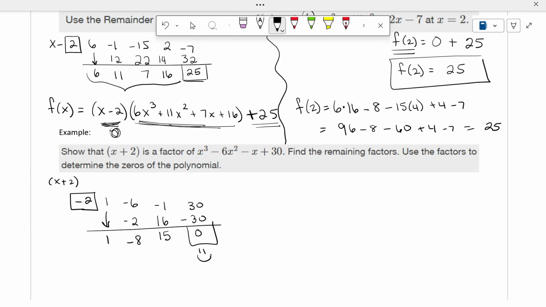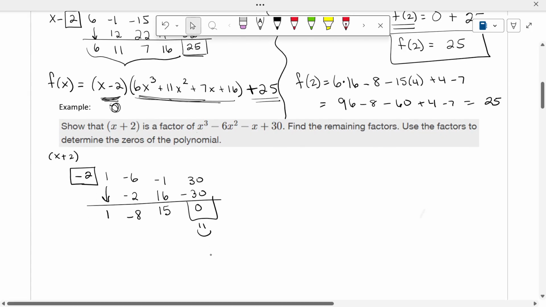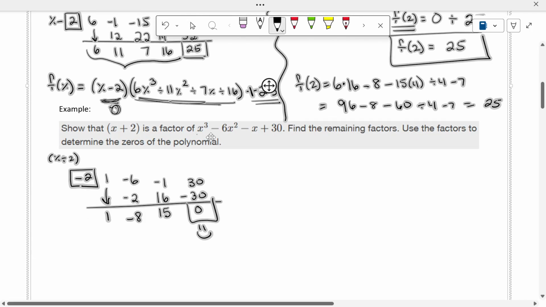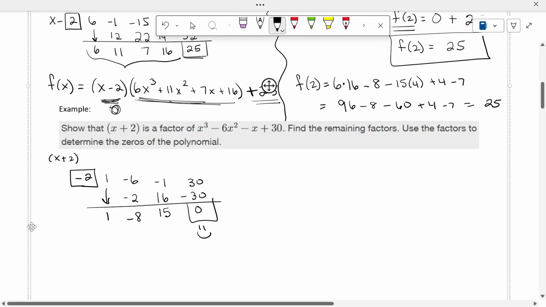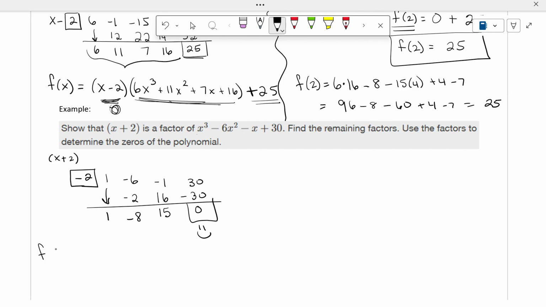We like that the remainder is 0 because this means that our function, they don't call it f of x there, but I think I'm going to here, we were able to take x plus 2 out of it. The quotient, it was cubic originally, so now we're at x squared minus 8x plus 15. Okay, so I did show that it was a factor. So first part done. Second part is find all remaining factors.